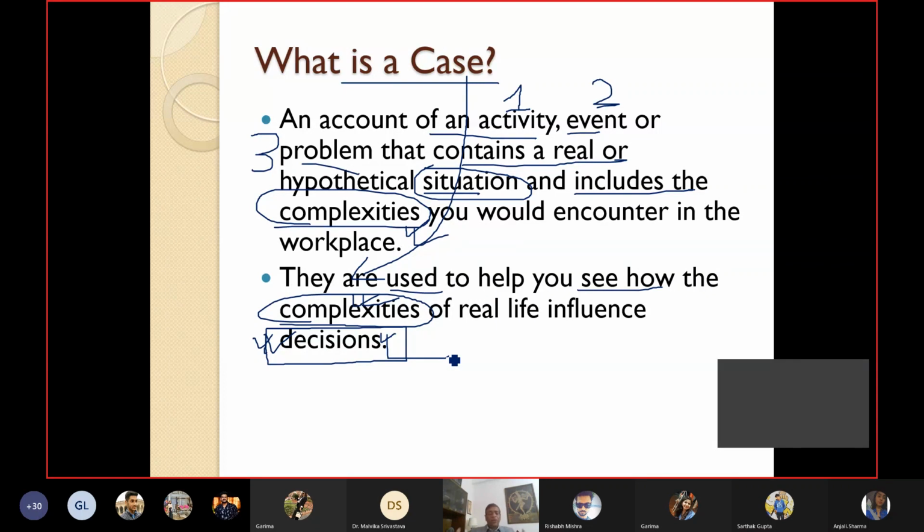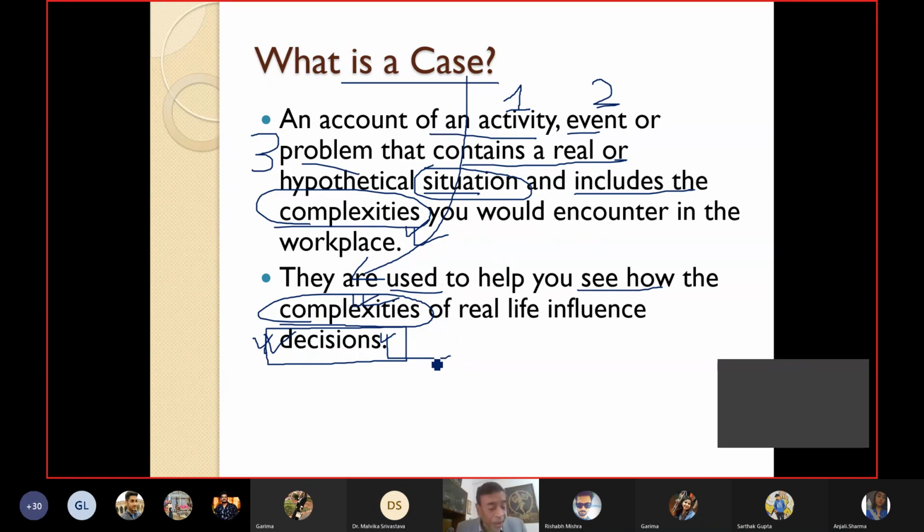They are used to refer to how the complexities of real life influence your decision making process. That is what I call a case. It's a real life situation. This is what has happened. This is the complexity of the situation. And on the basis of the complexity of the situation, you try and derive some decision.